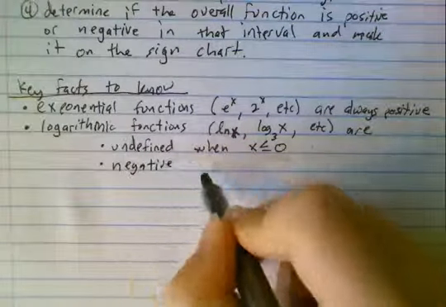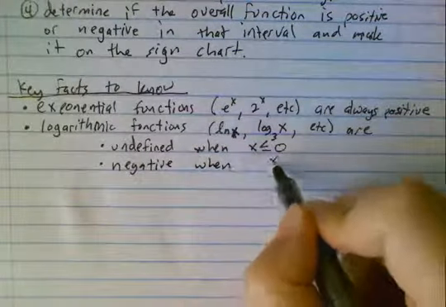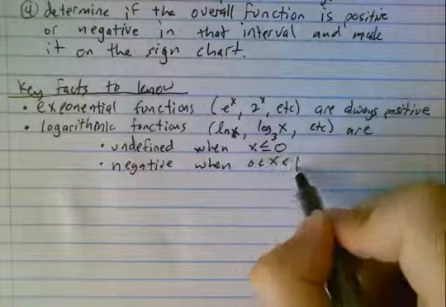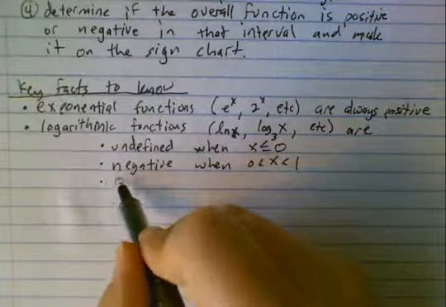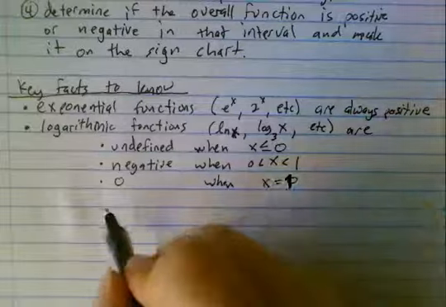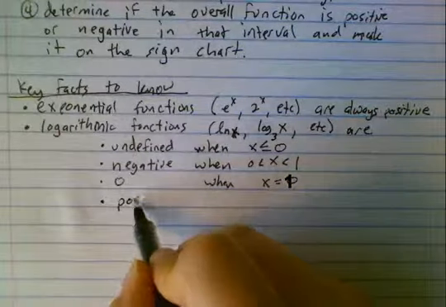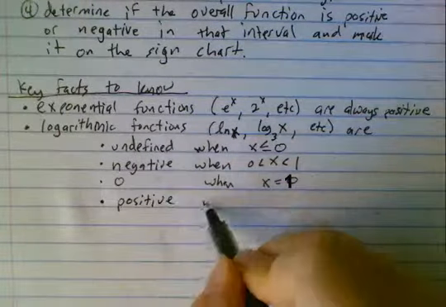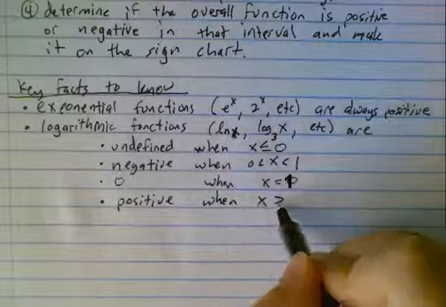Negative when x is between 0 and 1. 0 when x exactly equals 1. Positive when x is greater than 1.